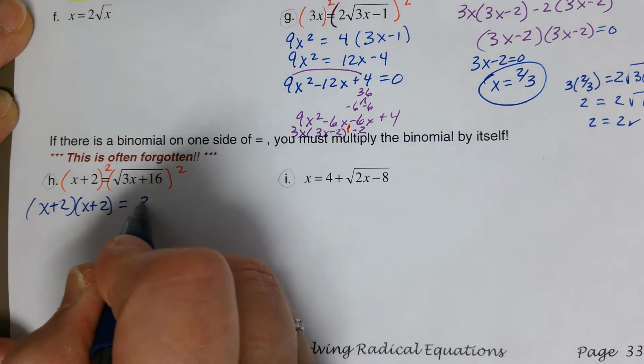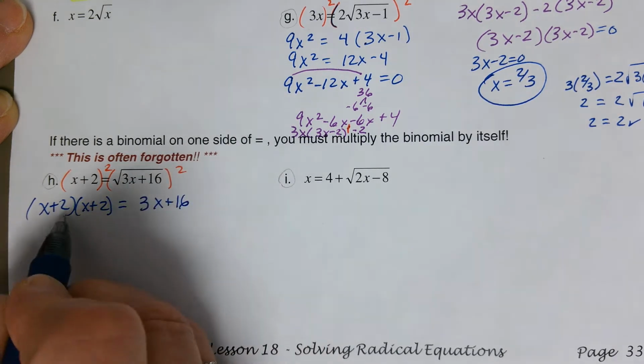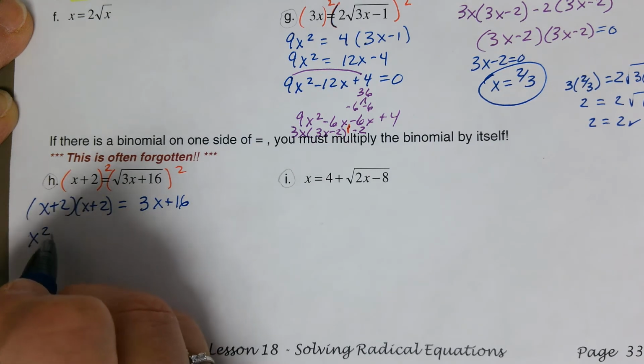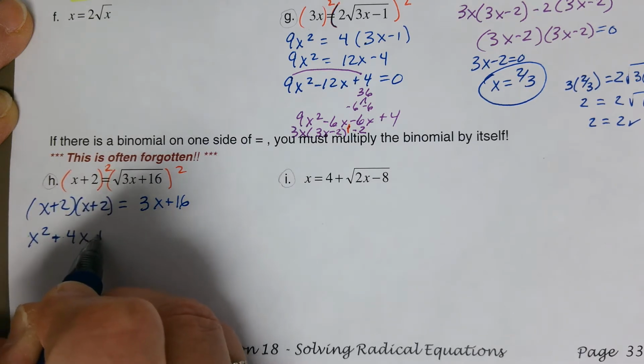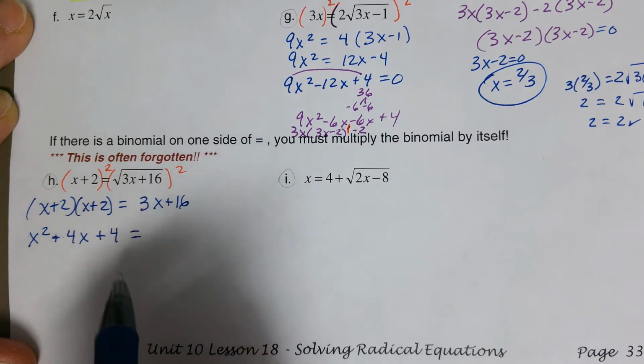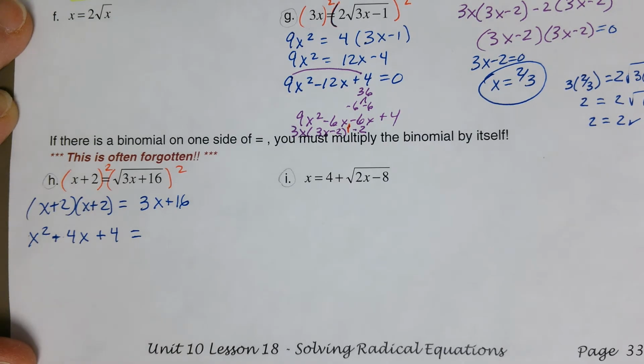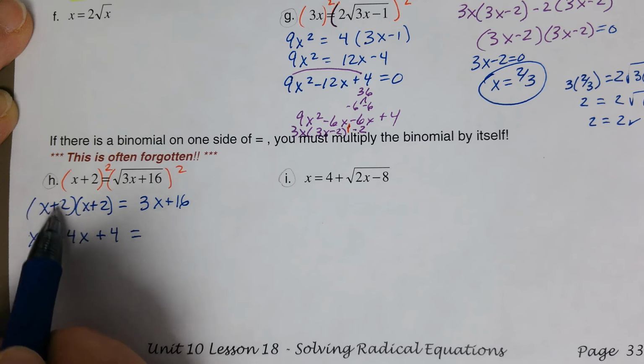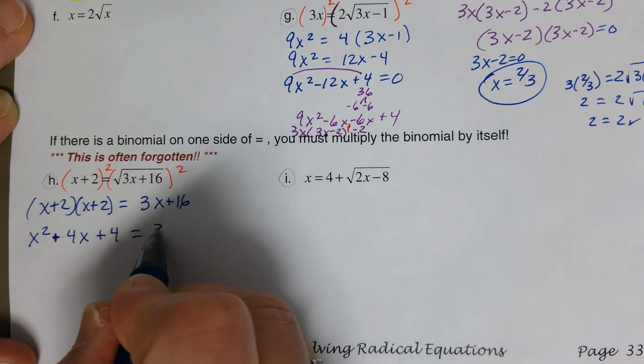And this removes the square root symbol. We get x squared plus 2x plus 2x is plus 4x. So I combine the middle terms in one step. Right? 2x and 2x is 4x.